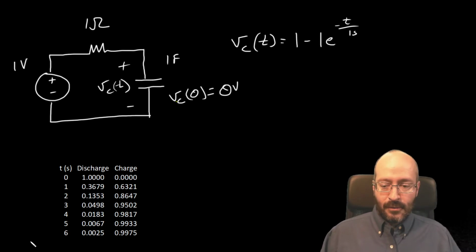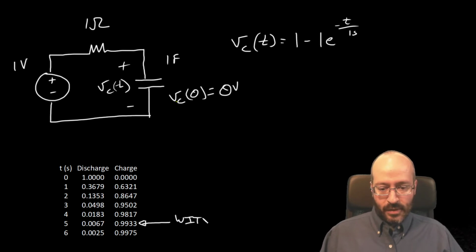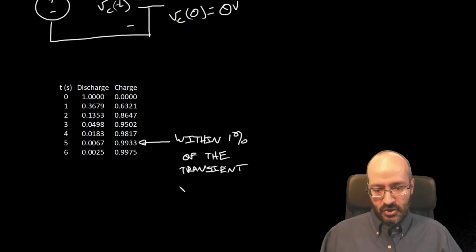At 5 tau, let's do it over here, since I'll have more room to write. We say we're within 1% of the transient change in value.